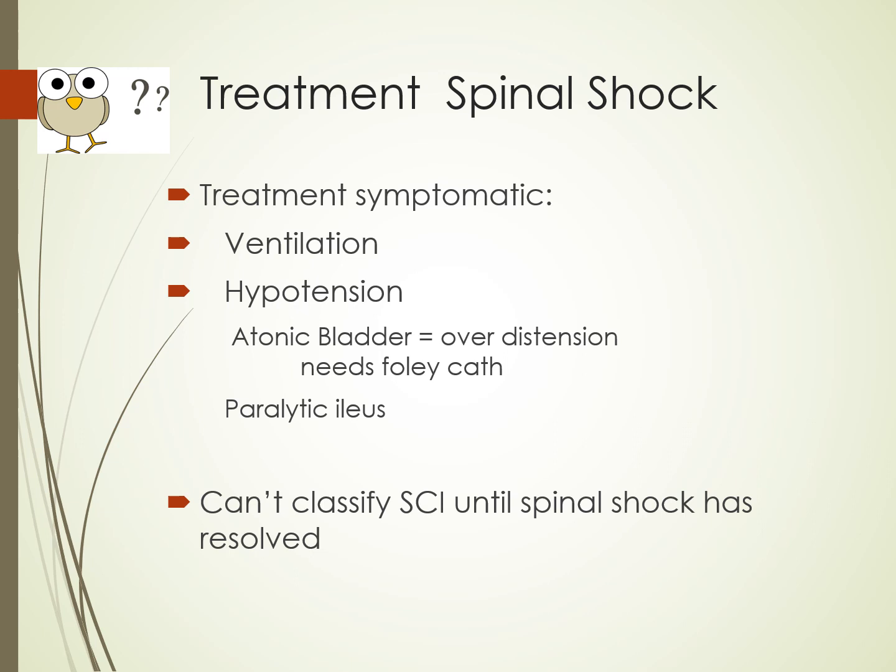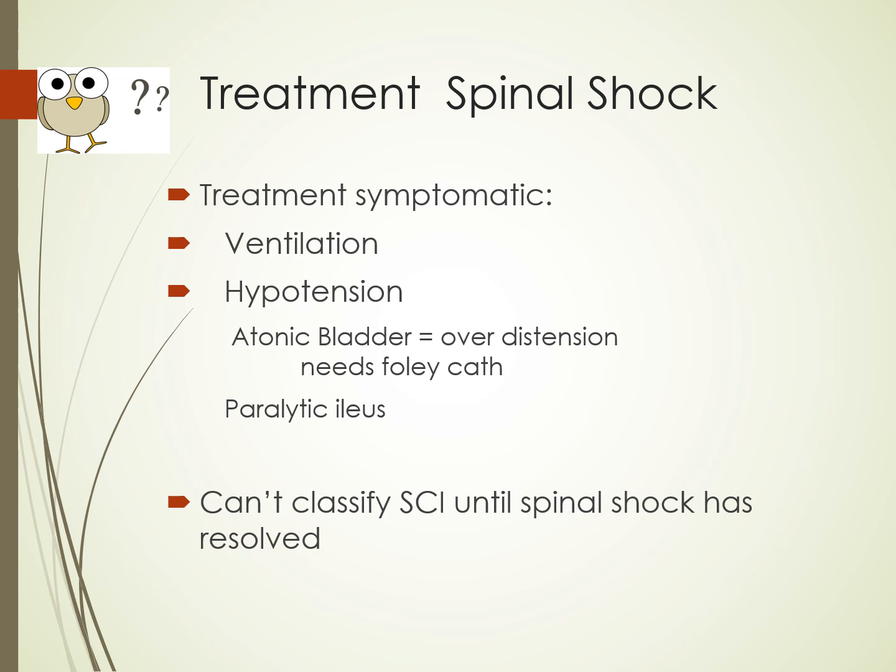Alright, let's look at our treatment for spinal shock. And it is symptomatic. If it is a high level of injury, we'll have to do some ventilation. They may require a ventilator. They may have some hypotension, so you may need some pressors. There may be an issue with some bradycardia, maybe a little atropine, but usually that is not the case.